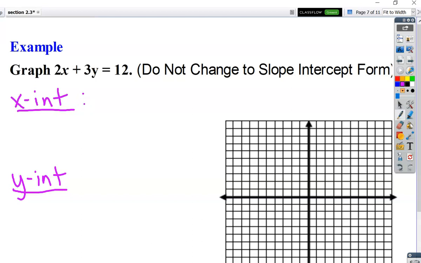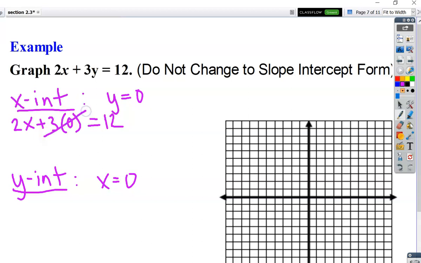For the x-intercept, you're going to set y equal to 0 and solve for x. And for the y-intercept, you will set x equal to 0 and solve for y. So for the x-intercept, we're going to substitute 2x plus 3, and instead of y, we're going to substitute 0 in, equals 12. 3 times 0 makes 0, so that cancels.